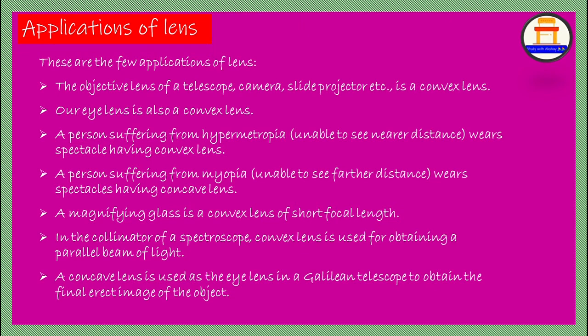On seeing an object through a lens, if an inverted image is seen, then the lens is a convex lens. If an upright, erect image is seen, then it is a concave lens. These are a few differences which you must know.